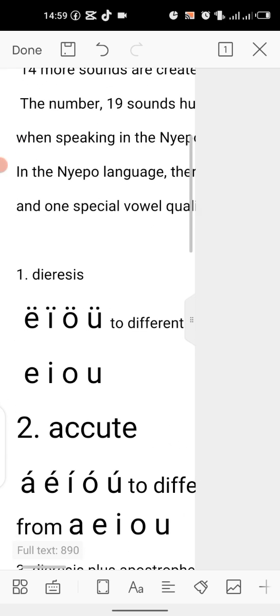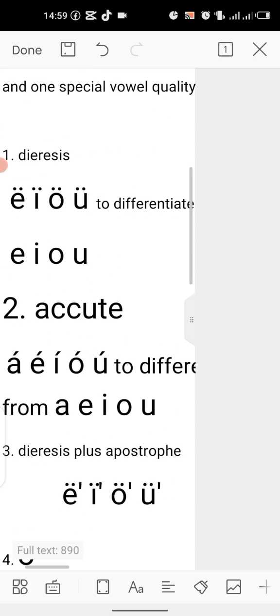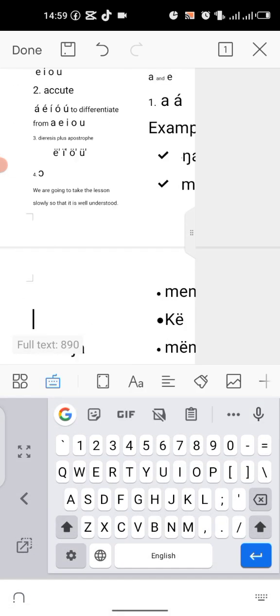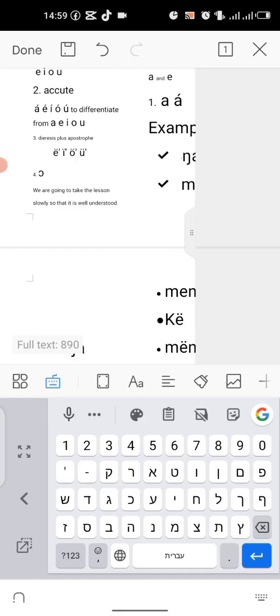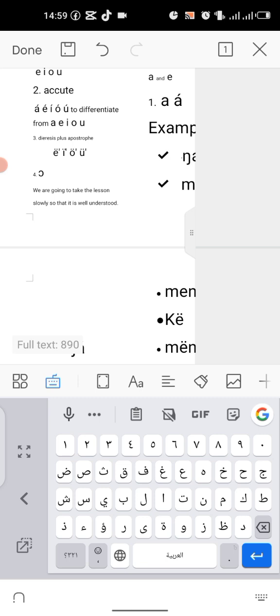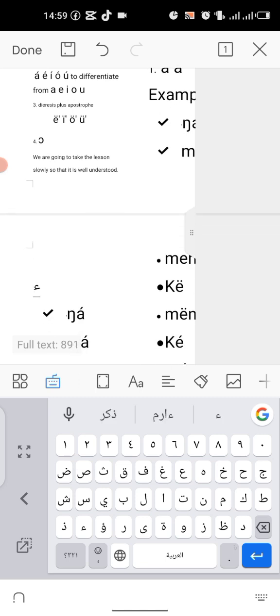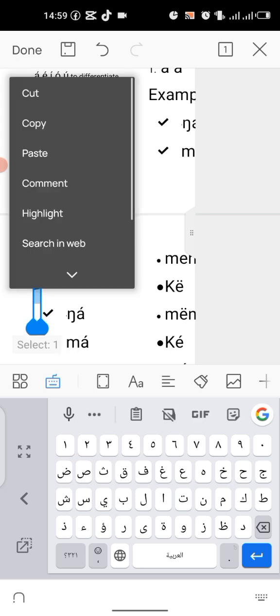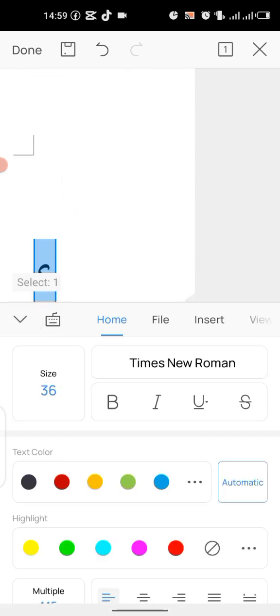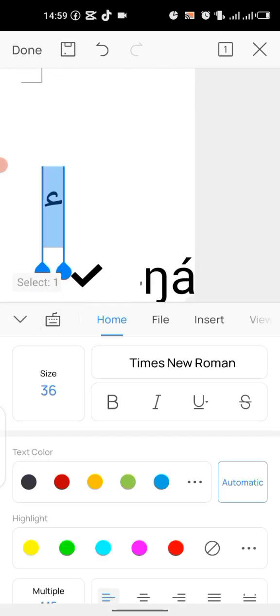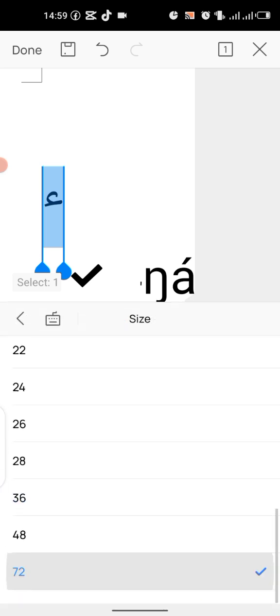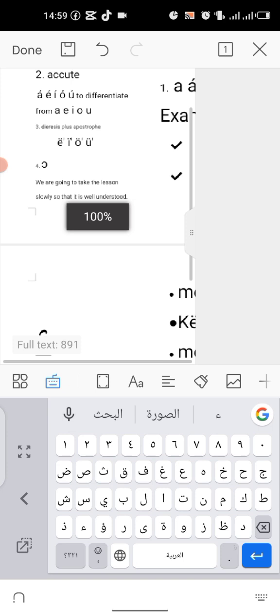What is called hamza in the Arabic language, and it looks like this. Let me expand it so that all of us will be able to see this one here.